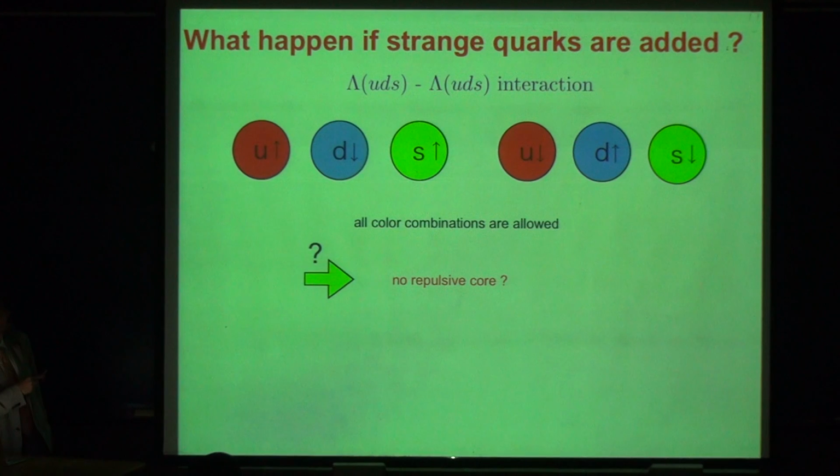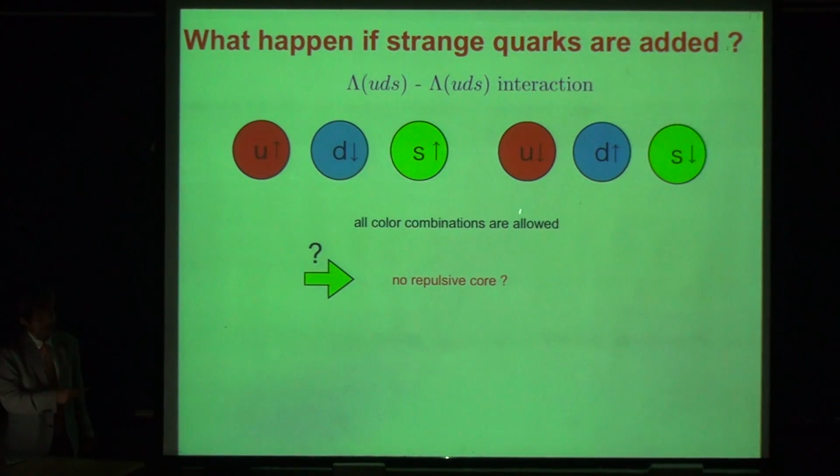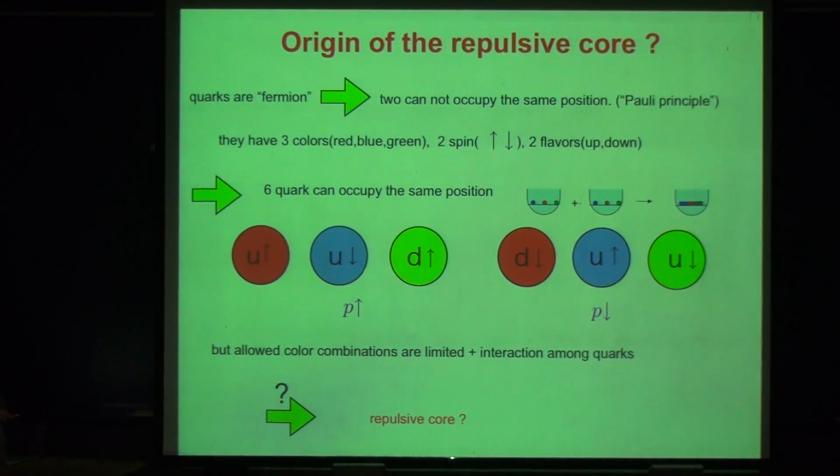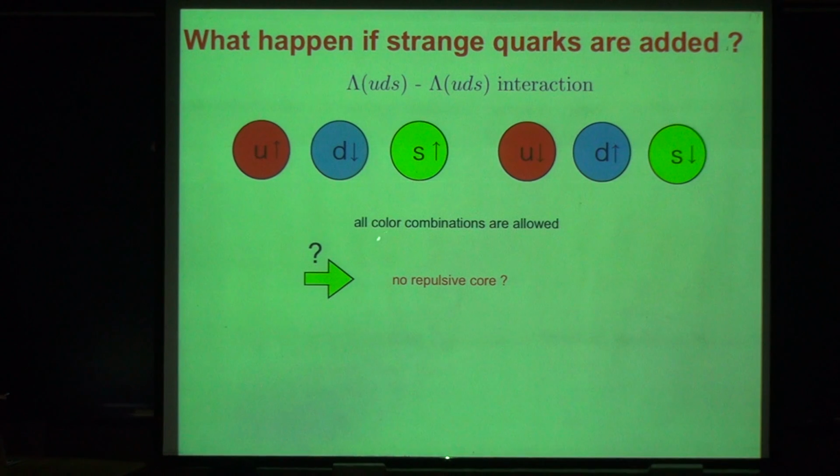For example, in this case U and U have the same colors, it's allowed also. Of course, you can have different colors, but all color combinations are allowed. If the previous interpretation is correct, in these cases, the repulsive core may disappear.